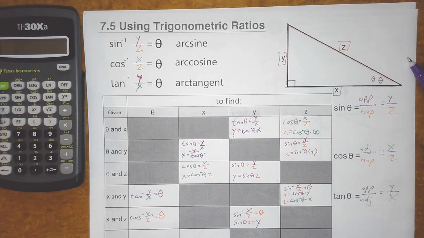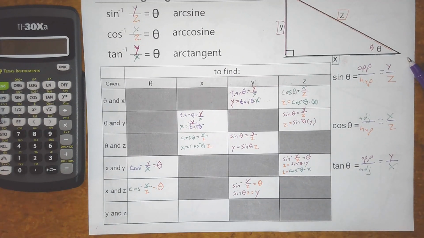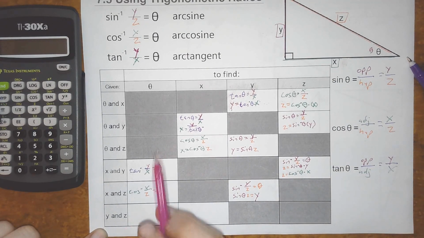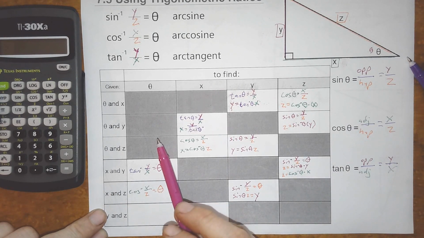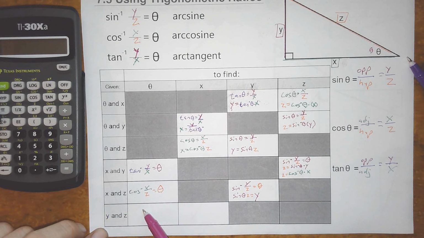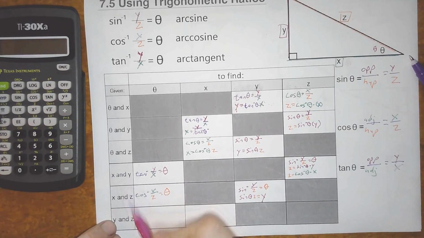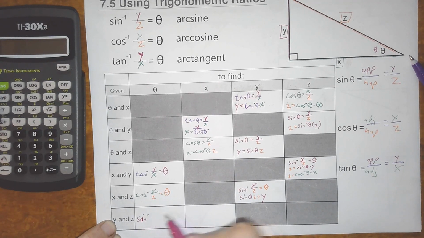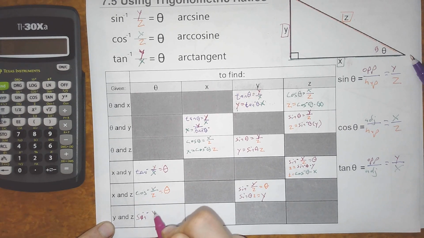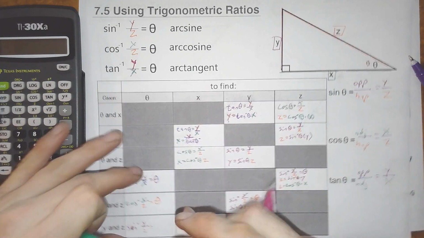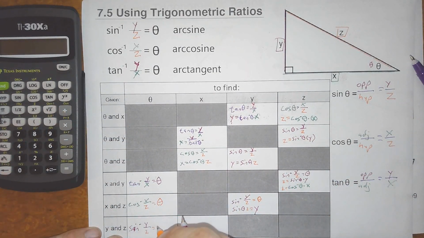Okay, just algebra. And then finally, if I'm given y and z, I'm going to figure out theta. That means I know y, right? That means I'm going to use the arc sine, which is y over z equals theta.